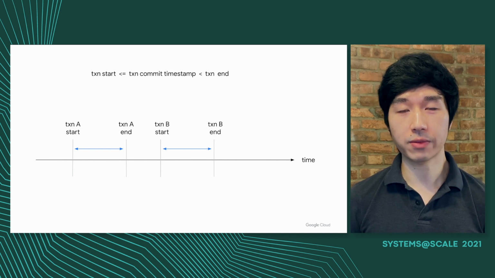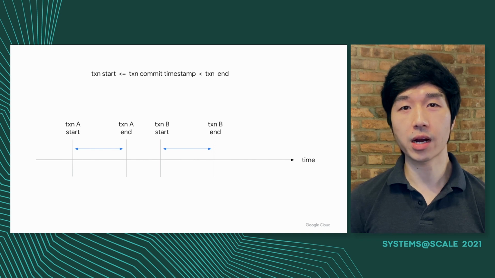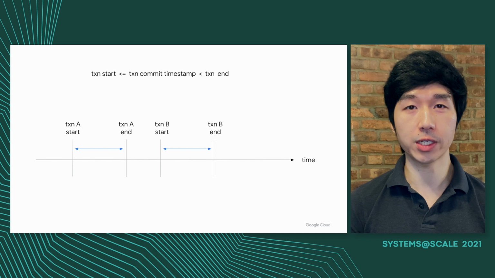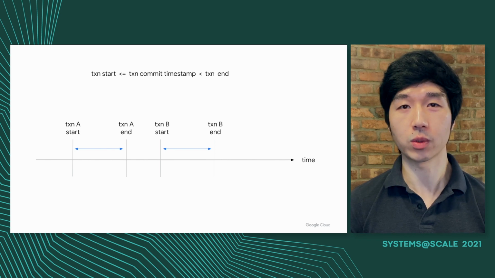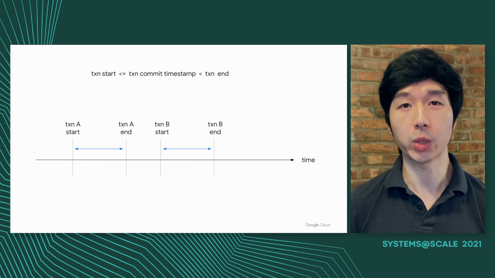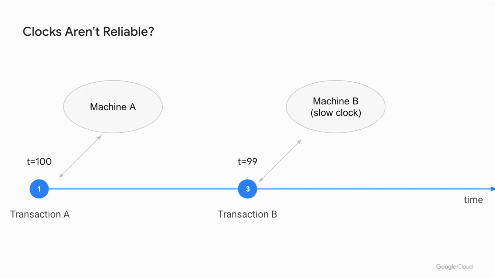One way to satisfy this requirement would be to assign each transaction the current time between when you start the commit request and when you finish the commit request and return it to the user, because this naturally satisfies this ordering property we want. However, a more astute person would notice that clocks are not reliable across machines.